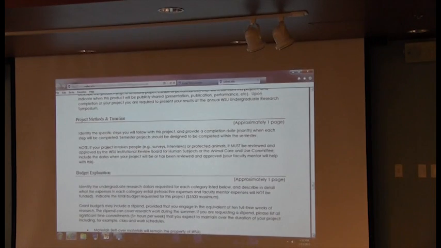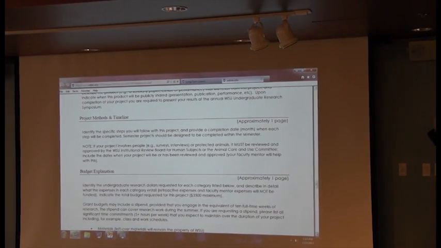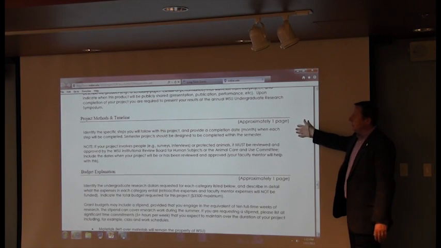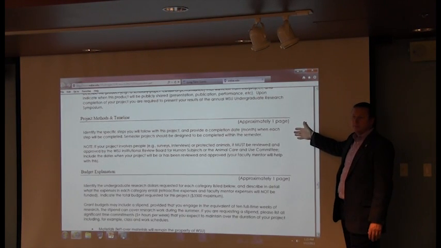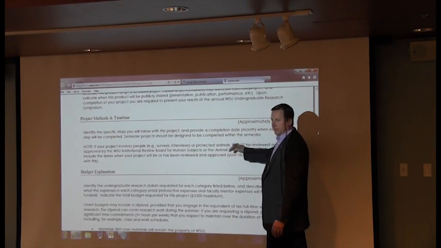Okay, the next section is the methods and timeline, and it's basically what it says is how you're going to do the project. What are the key pieces of information that are going to be needed to be collected, and when will they be collected?